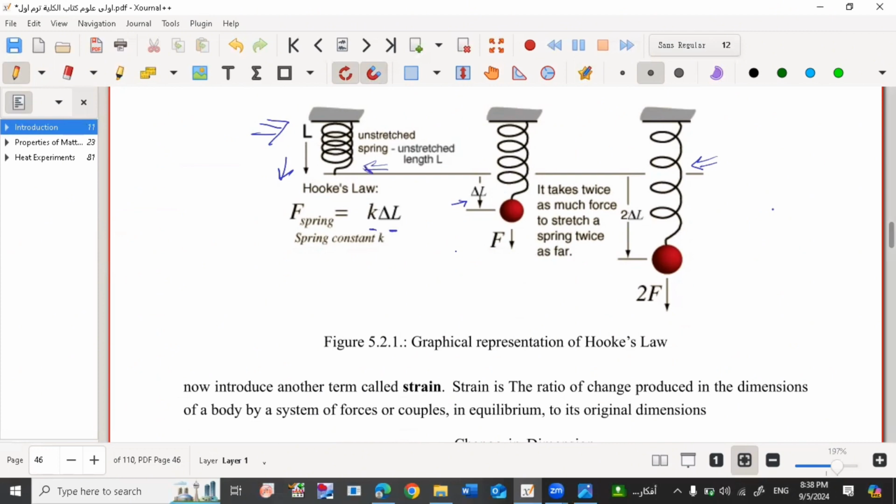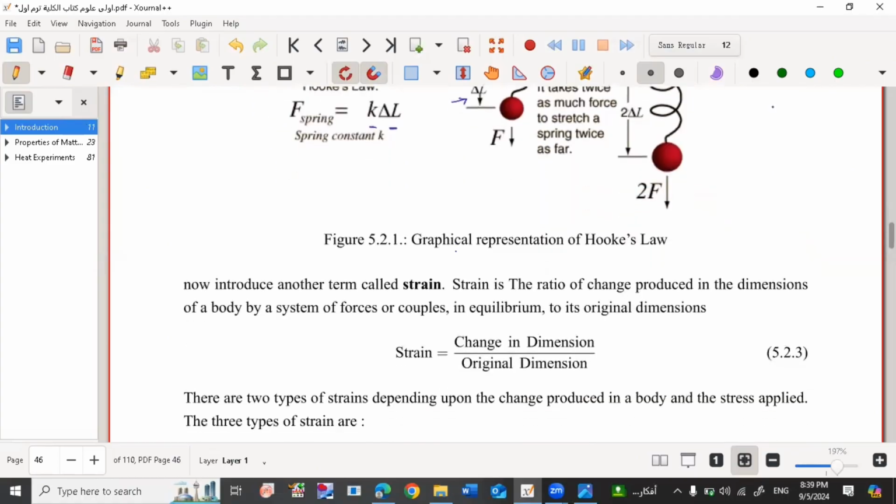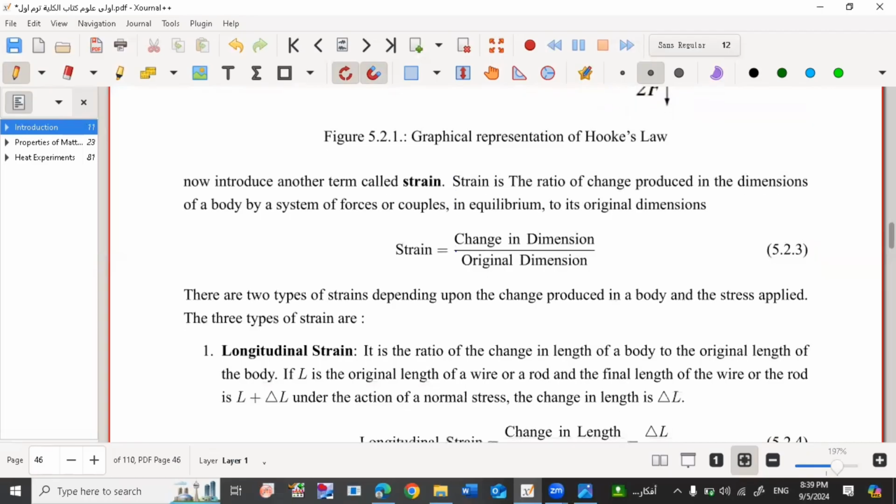So after applying an external force, we go to this, and there is an elongation, and delta L is the result of this external force. So if we make this force twice as large, this elongation will also be twice its value. So stress means an external force per cross-sectional area.